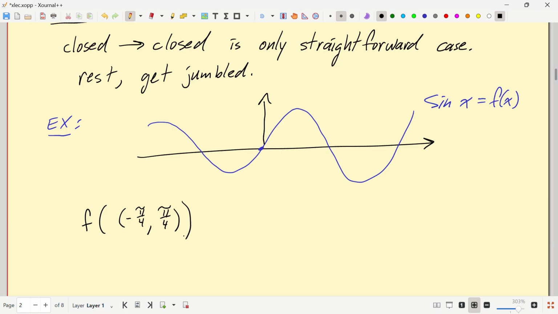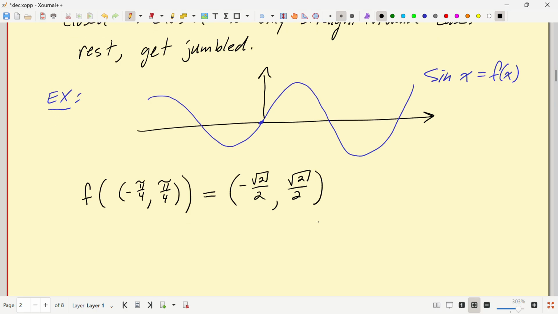That would spit out an open interval. And the lower endpoint would be minus square root of 2 over 2, and the upper endpoint would be square root of 2 over 2. So there's a case of an open interval getting mapped to an open interval.